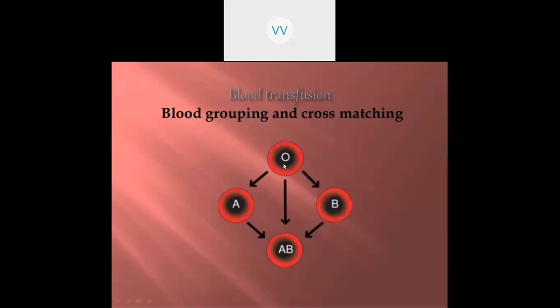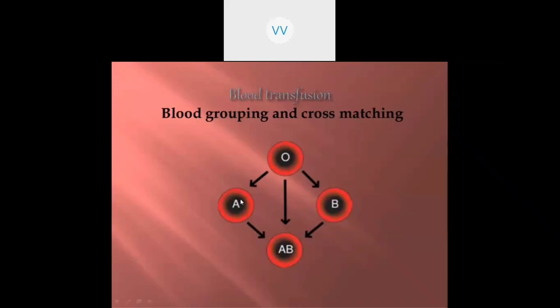First O. Okay, O can donate the blood. See, first A, B, ABO. ABO is the blood grouping and cross matching type.